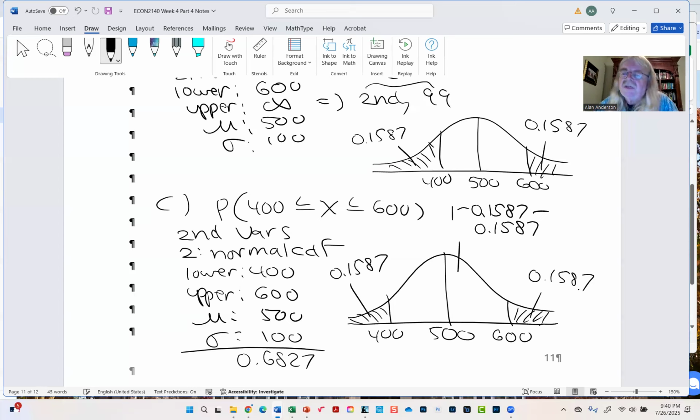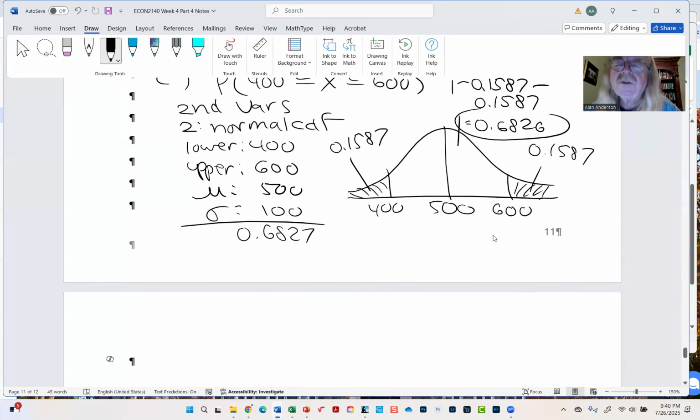So the difference is rounding. Okay, and also back to that empirical rule, what you're seeing in the middle here is being within one standard deviation of the mean.